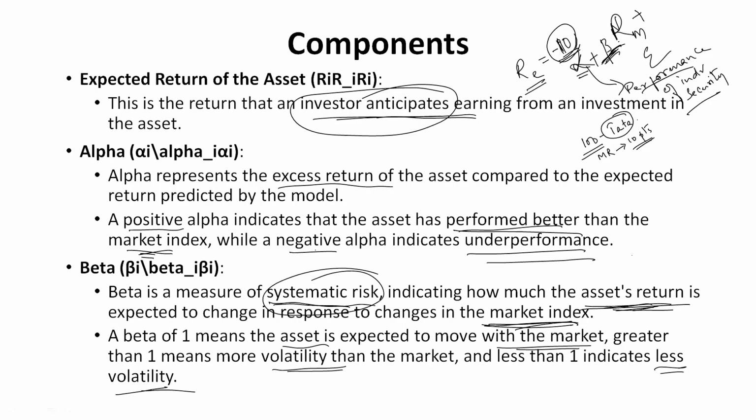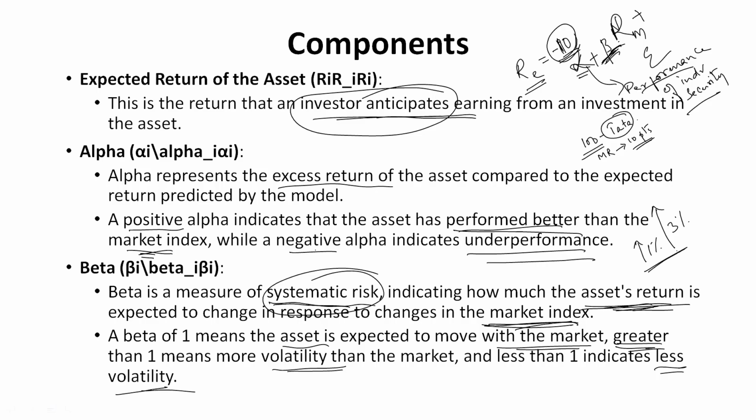So I told you in the earlier graph that if suppose the market is moving by 1.1%, then the individual stock will move by say 3%. So this is something which we talk about as greater than 1.